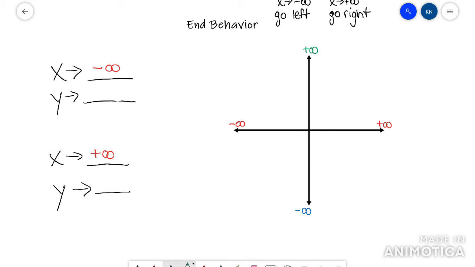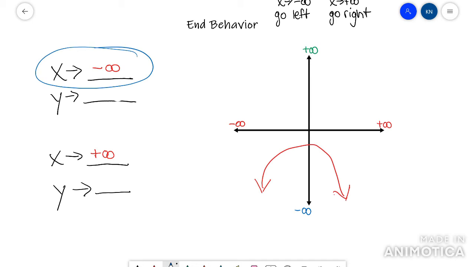They don't always have to be going opposite directions. Sometimes you'll see a function that looks like this or something, and they'll ask for the end behavior of this line. Well, same thing. If x goes to negative infinity, so if I go left on this line, what does my left portion do? It goes down to negative infinity.